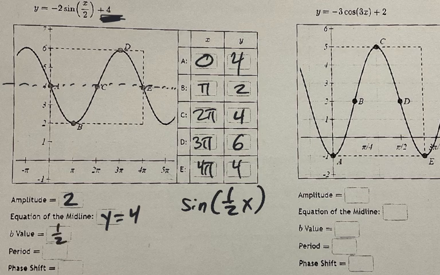The period then would be 2 pi over 1/2, which is 4 pi. And again, we could tell that just from looking at this if we needed to. How long does it take to complete one cycle? Well, we start at 0, we end at 4 pi. That means that the period, the amount of time it takes to finish one cycle, is 4 pi. And the phase shift.